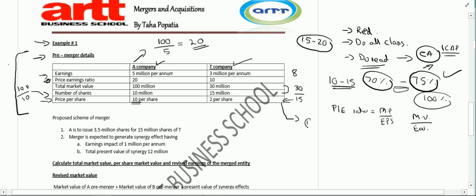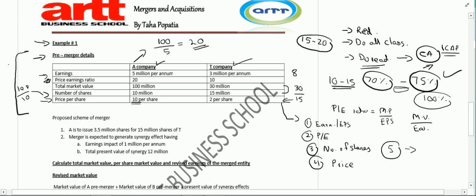The table must include the earnings or EPS, PE ratio, number of shares, price per share or market value of the entire company, and in certain cases you may be provided with growth rates or some other information, but always make this type of pre-merger table.